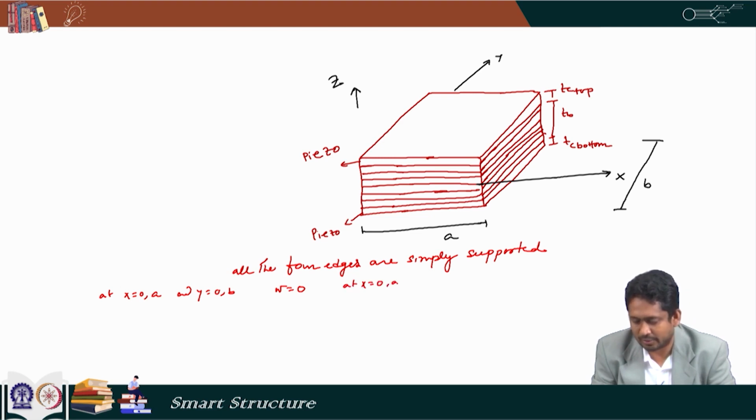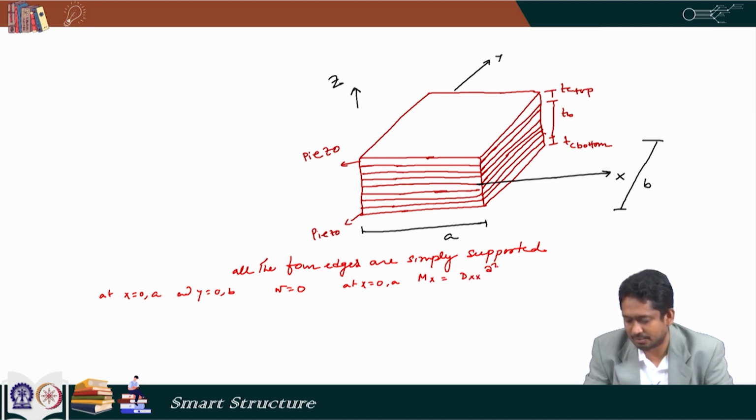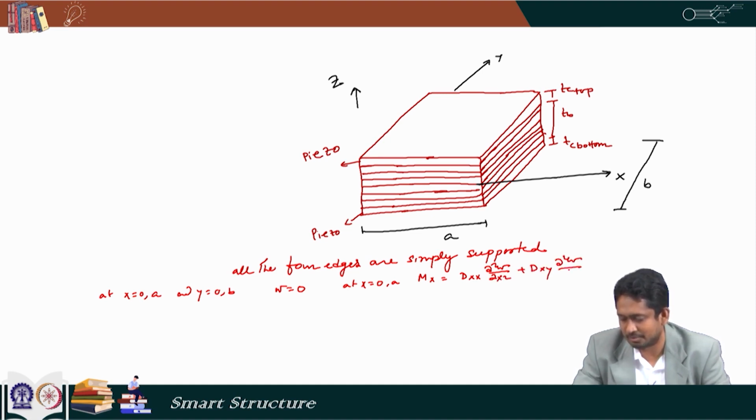So, at x equal to 0 and a, Mx is 0 and that tells us that Dxx multiplied by d2w by dx2 plus Dxy multiplied by d2w by dy2 is 0.